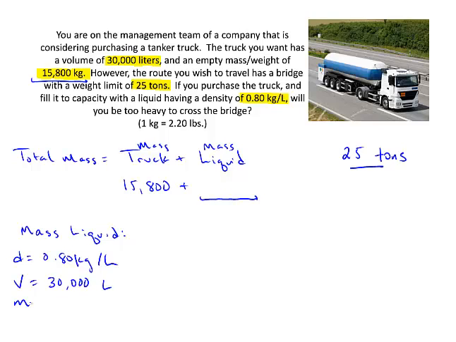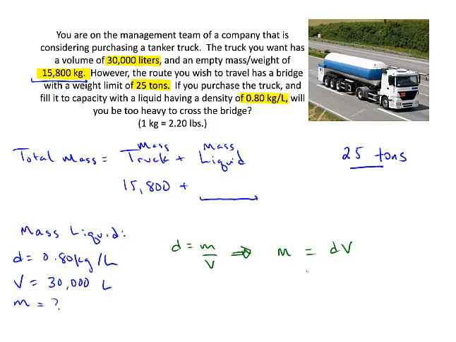So again, we can use this to find the mass. So let's see if we can do it. We know that density is equal to mass over volume. Again, we're going to do some algebra before we plug numbers in. We're trying to solve for the mass. So the mass is equal to the density times the volume.